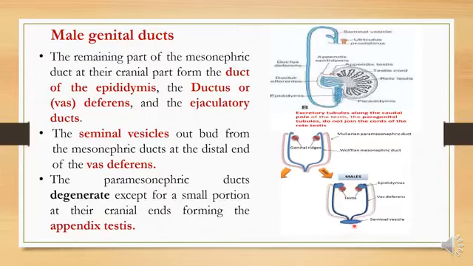Seminal vesicles bud out from the mesonephric duct at the distal end of the vas deferens, and the paramesonephric duct degenerates except for a small portion at its cranial end, forming the appendix testis.